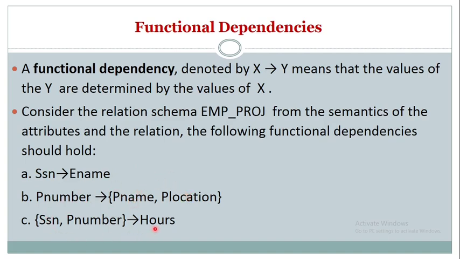To determine the hours, which is nothing but the number of hours an employee works on a particular project, I require SSN and the project number also. So SSN and project number determine hours. So this is about the functional dependencies.